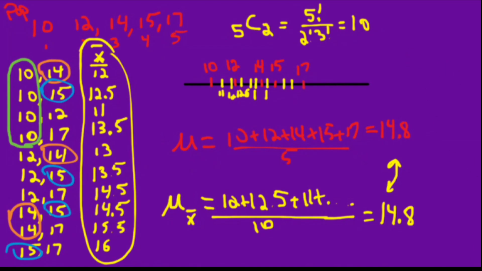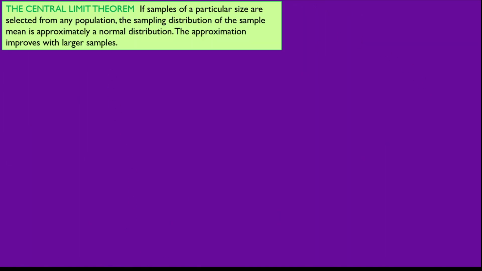So the central limit theorem tells us if samples of a particular size, so in the previous video, we took a sample of size 2, are selected from any population, then the sampling distribution of the sample mean is approximately a normal distribution. And this approximation improves with larger samples.